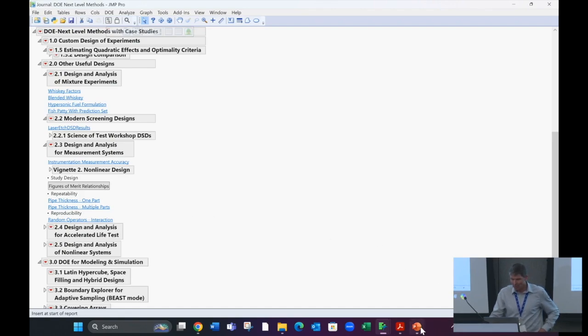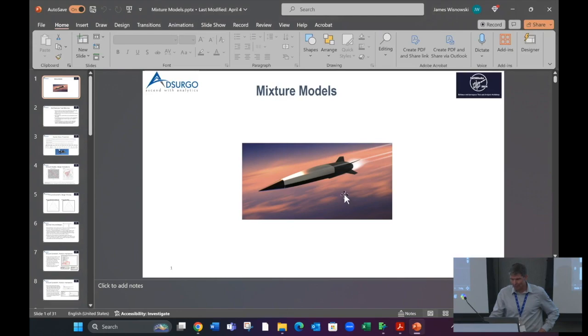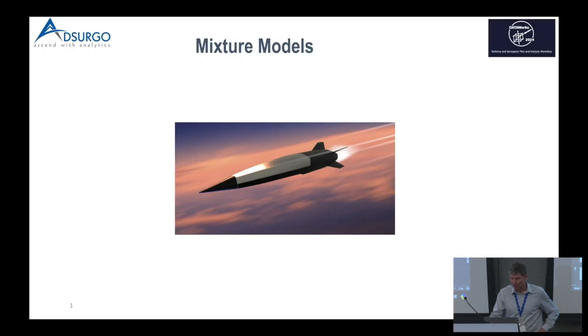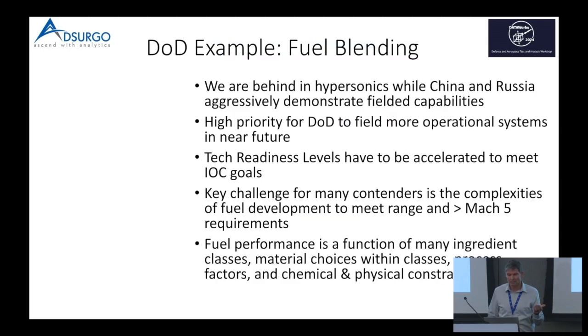So off we go. Let's talk a little bit about mixture models. This is from a presentation that I gave here last year. So I'm not going to go through the whole thing again as much as pick out a few highlights and use it as an introduction to what the world of mixture models is all about.